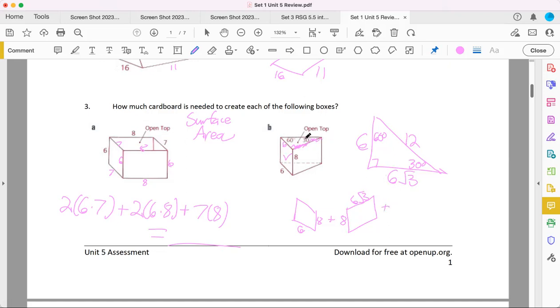You then have that outer facing area where we know that the width is 12 and that height is 8. And then you have that triangle at the bottom, which we just broke down. And we said that that's going to be height of 6, width of 6√3. So do 1/2 base times height for that.